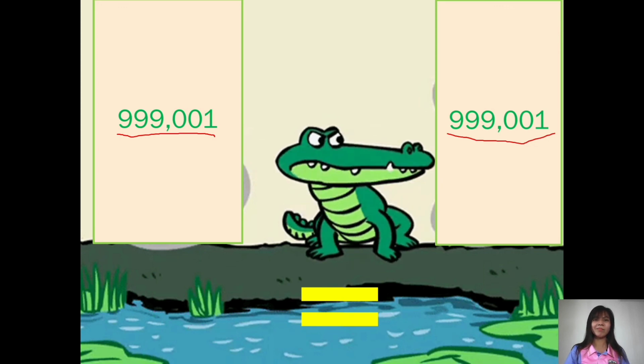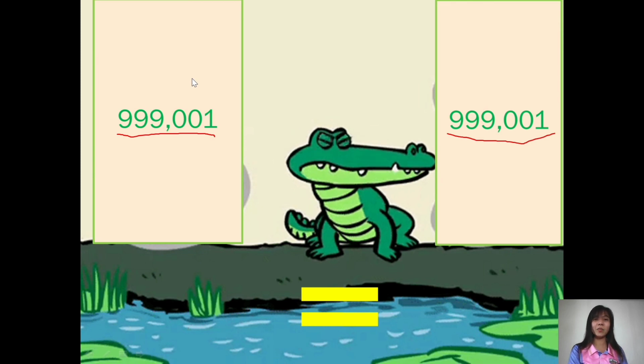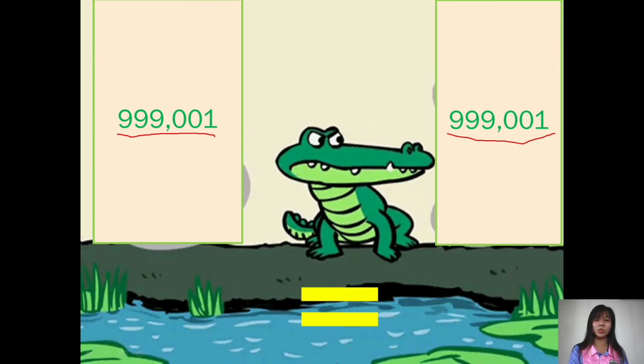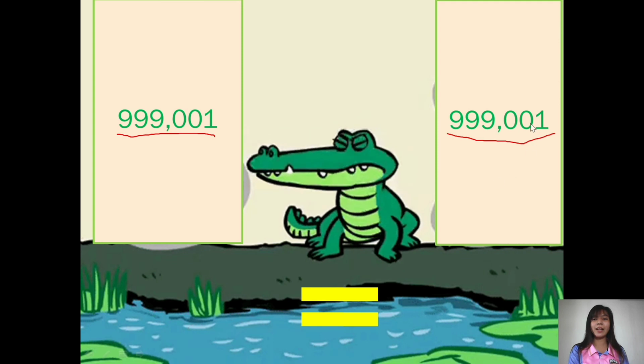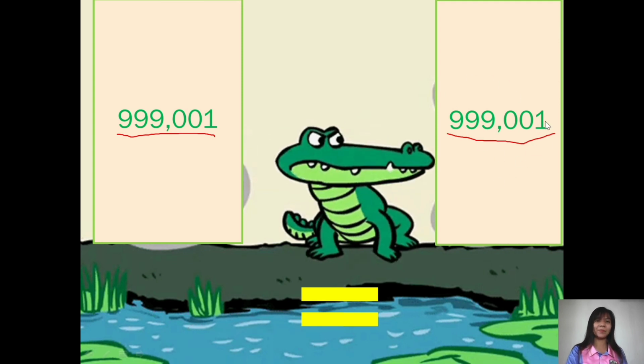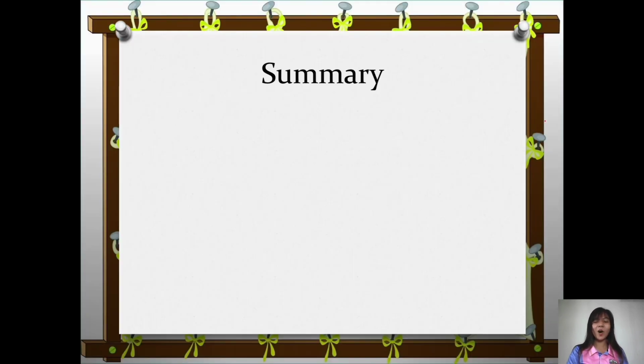Maybe the crocodile will eat both numbers, or both sides, because they are the same. So 999,001 is equal to 999,001.